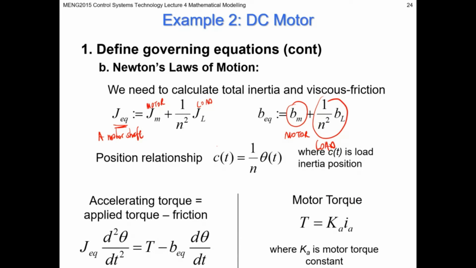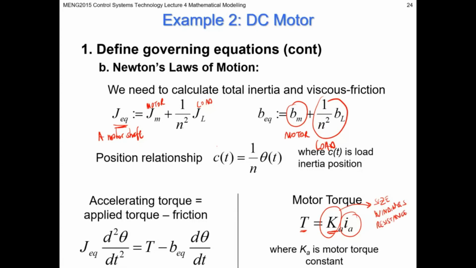And then our motor torque, which is the driving torque of the system. The torque generated by the motor is given by a motor torque constant, Ka, times the current. So as the current goes up in the motor circuit, the torque goes up proportionally by the motor torque constant. This torque constant will depend on things like the size of the motor, the number of windings, the resistance in the circuit.